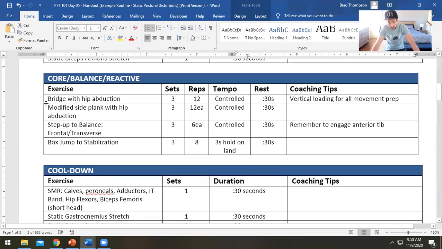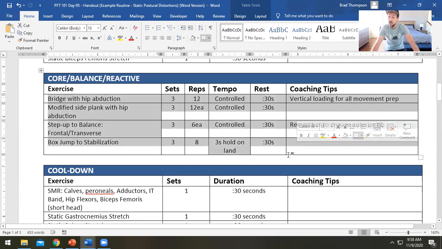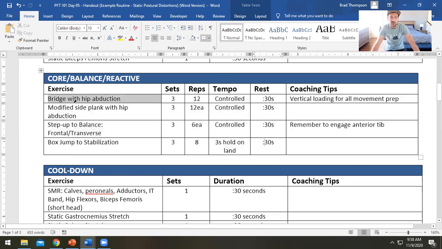So here's our strength program for fixing that pronation distortion syndrome. We're going to do a bridge with abduction. So a hip bridge, right? Can you guys see me? That classic bridge up. But I also want to do a little bit of abduction.